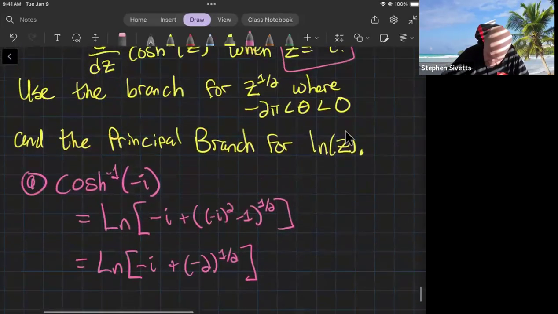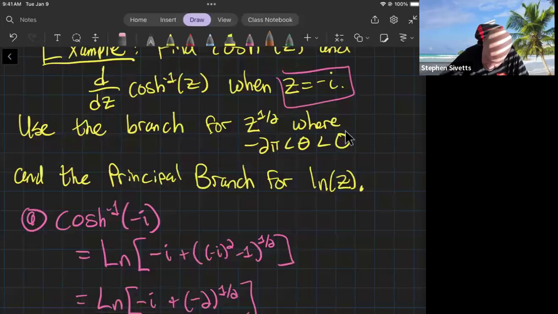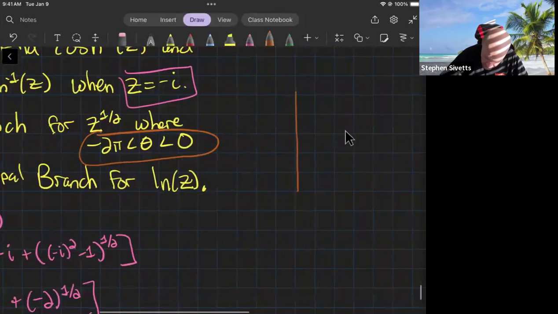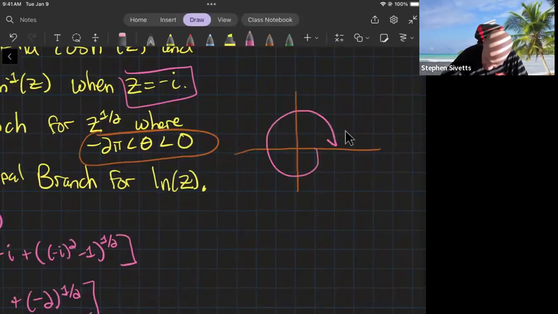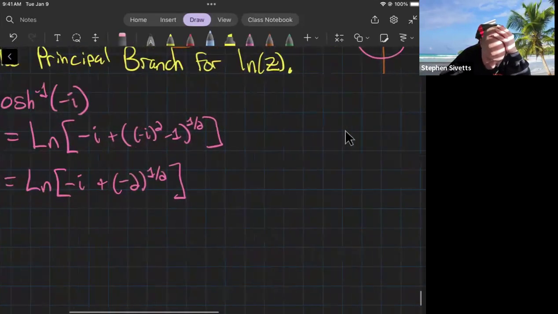So we want to use the branch where theta is between minus 2 pi and 0. So essentially we are going clockwise around, right? The point minus 2 would be here, but since our theta is between minus 2 pi and 0, the theta for this number is minus pi, right?